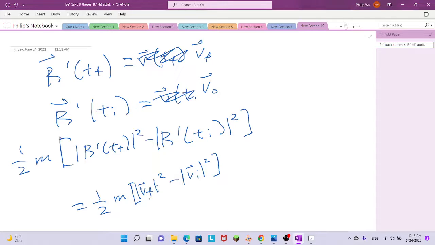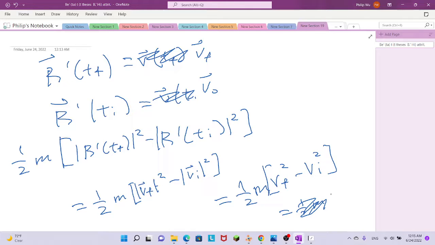And if you're willing to abuse notation, you can just remove the magnitude sign and you just get vf squared minus vi squared, which is, you know, the change in kinetic energy. And this is a more rigorous proof of the work-energy theorem.